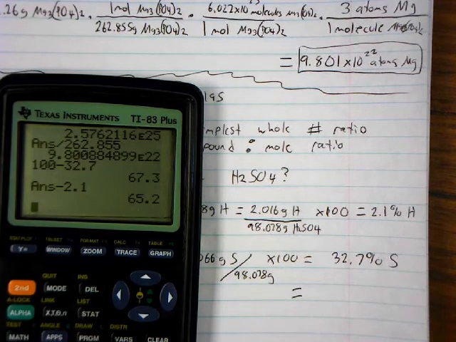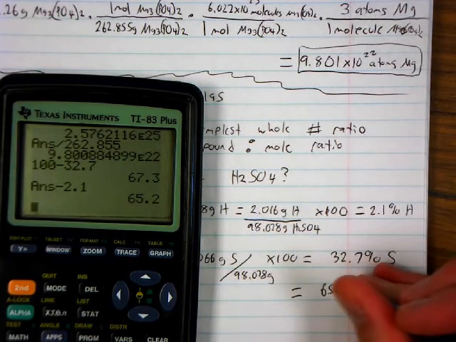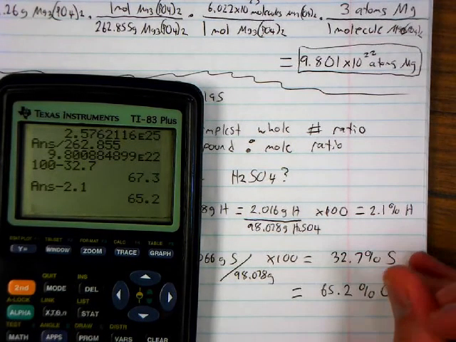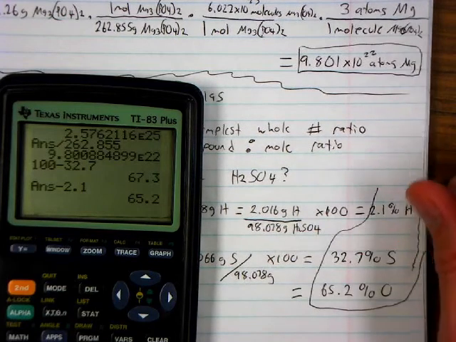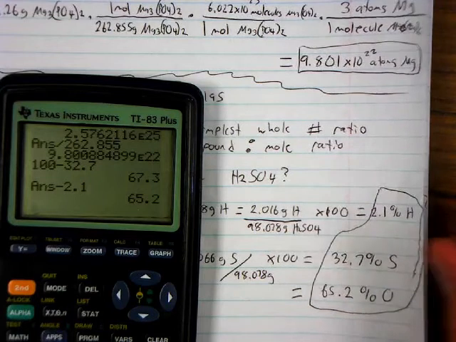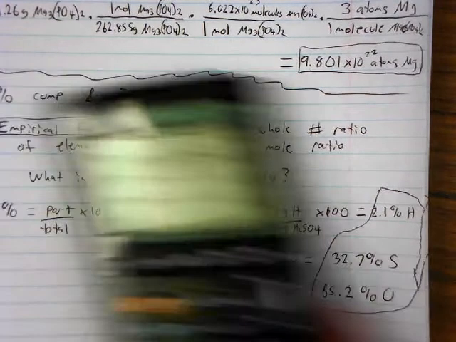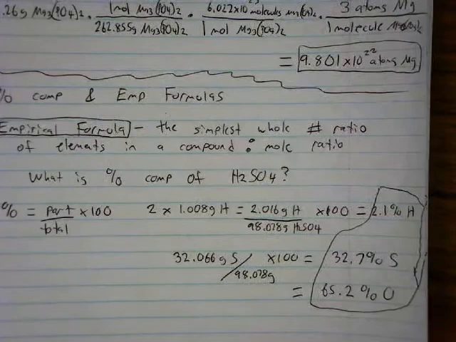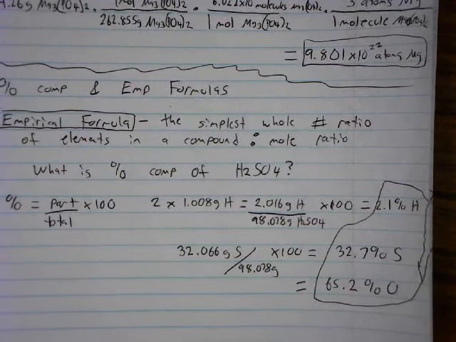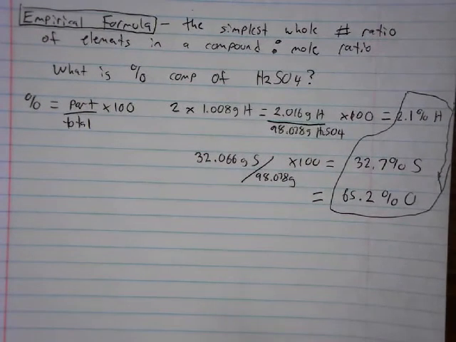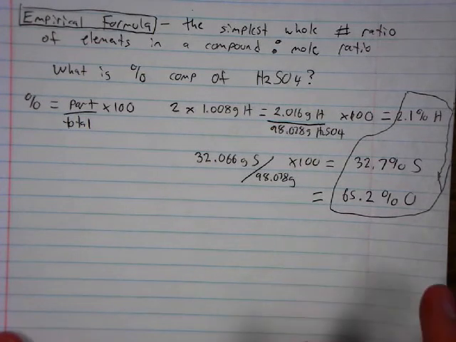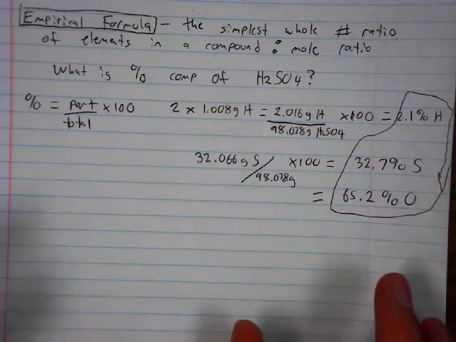So I would just subtract, and I would do 100 minus 32.7 equals minus 2.1 equals, and that gives me 65.2% oxygen. So that is your percent composition of a compound. You just take part divided by total for all of them, and that's how you get percent composition.